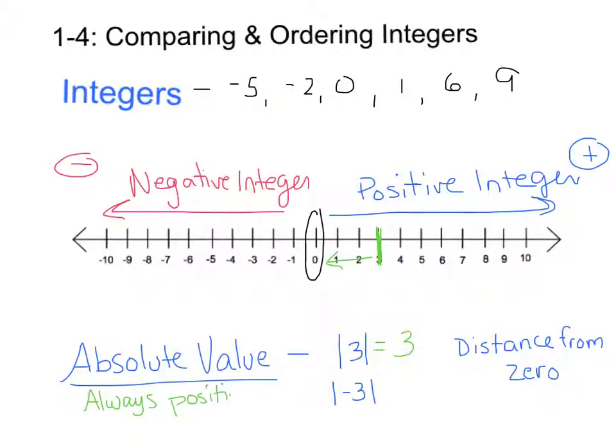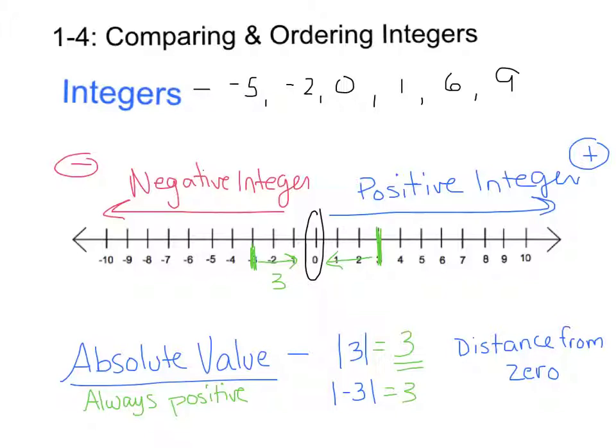Once I take the absolute value of a number, it's always just going to equal a positive value with no absolute value signs around it. If I look at -3, -3 is also 3 spaces away from 0.